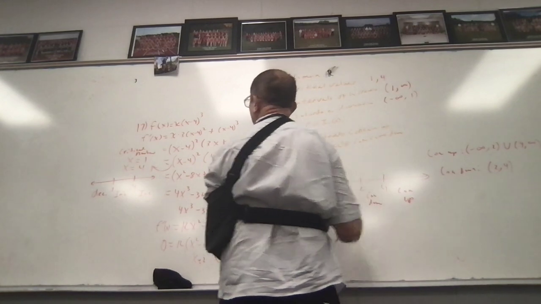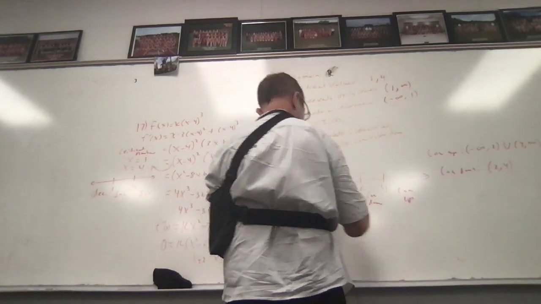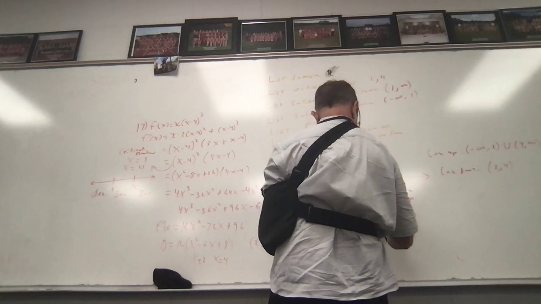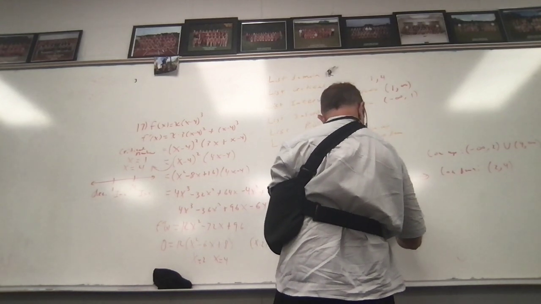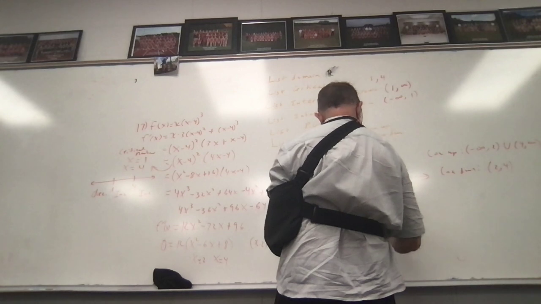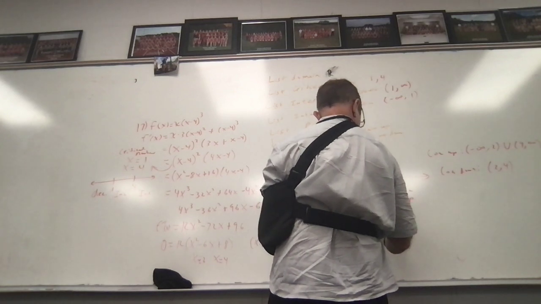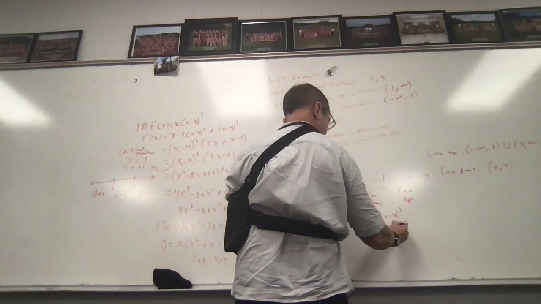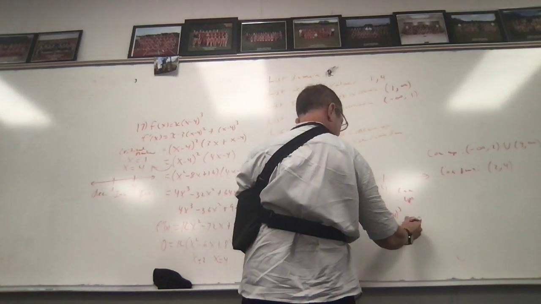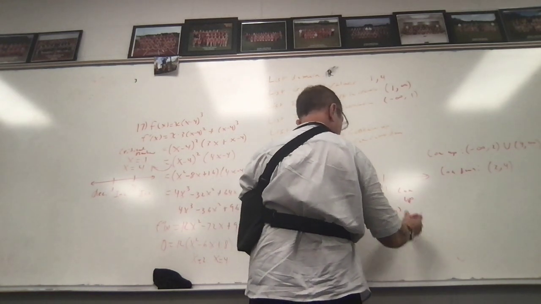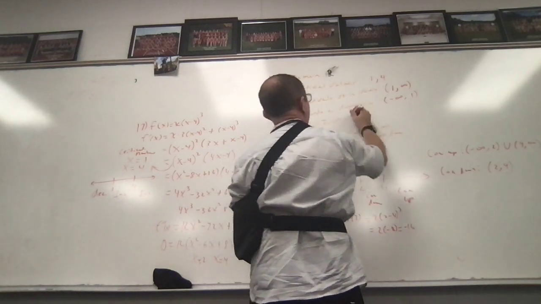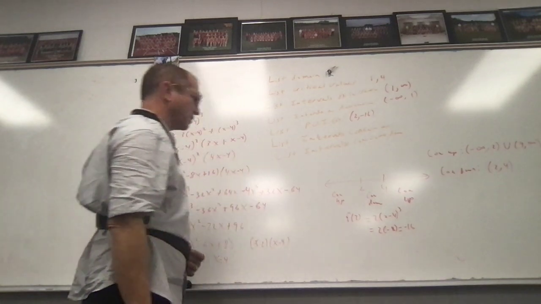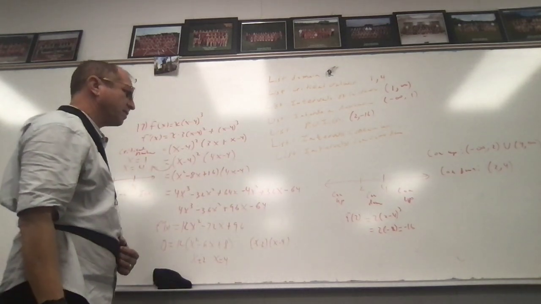Well, if I plug in 2 to the original equation, f of 2 is 2 times 2 minus 4 cubed, which would be 2 times negative 2 cubed. Negative 2 cubed is negative 8, so 2 times negative 8 is negative 16. So I've got the point (2, -16). That's going to be a point on my graph, and it's a point where I change concavity.